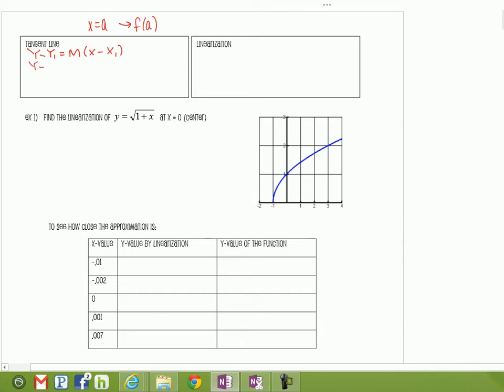So I'm actually going to use that. So y1 is f of a, and the slope would actually be the derivative at a, and then x minus a. And then if I wanted to get y by itself, I could actually add f of a, the y value, to the right side.